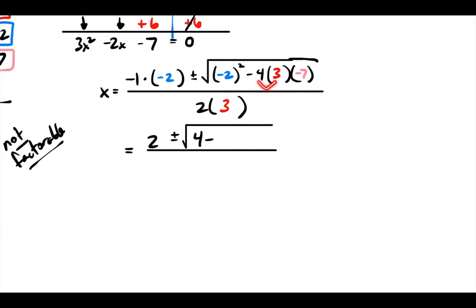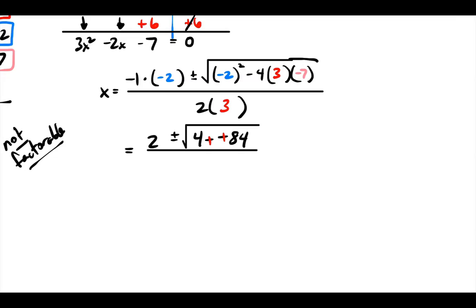And then 4 times 3 times -7. So 4 times 3 is 12. Times -7 is -84, right? Well, I already have a subtraction there. I had a subtraction before. So a double negative makes a positive. So it's really 4 plus 84.